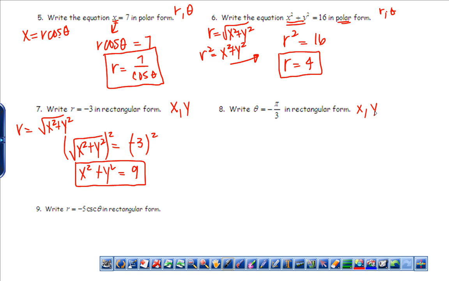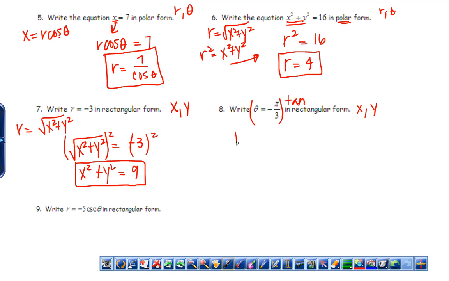So what do we know about theta? Well, the only thing that they told us about theta is tangent. Okay, I'm going to do something weird here. All I'm going to do is multiply by tangent.